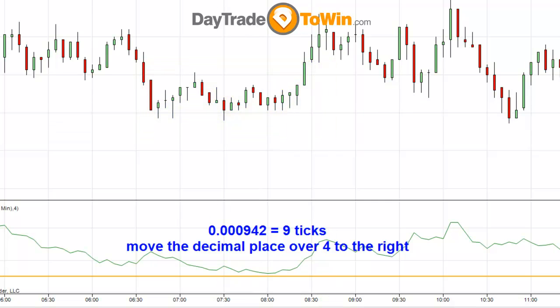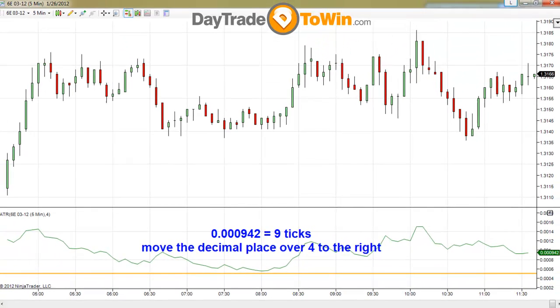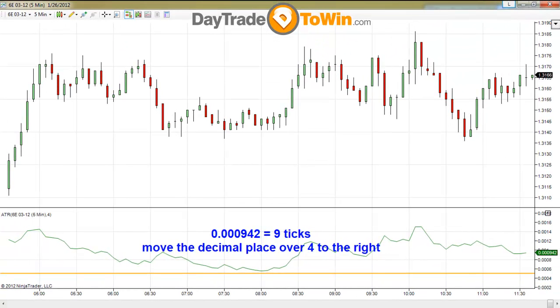When the market's slow, stay out of it or look for another market. When it's volatile, I'd say 25, 30 ticks on the currencies, it's too volatile to trade in my opinion. Most traders have a tight stop, and they're going to get stopped out in a matter of seconds as this thing fluctuates. Use the ATR to determine the most current market conditions.